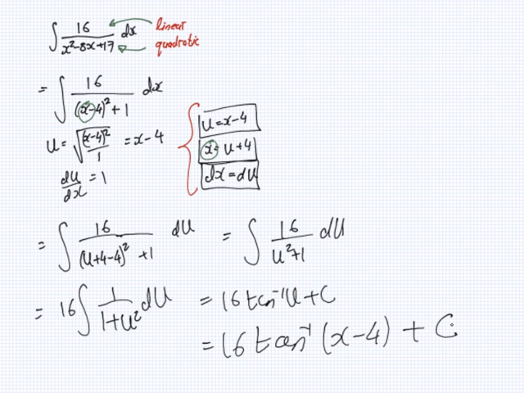And the bottom is 1 plus u squared, that is (x minus 4) squared plus 1. We can see that (x minus 4) squared is the u.